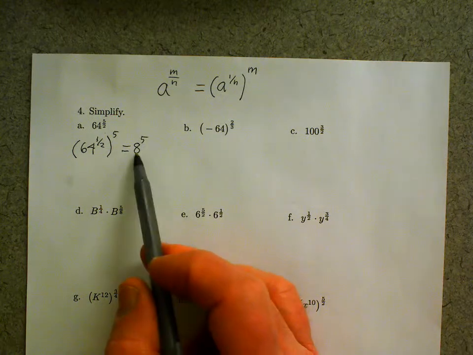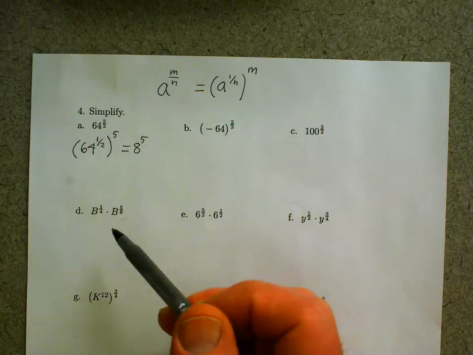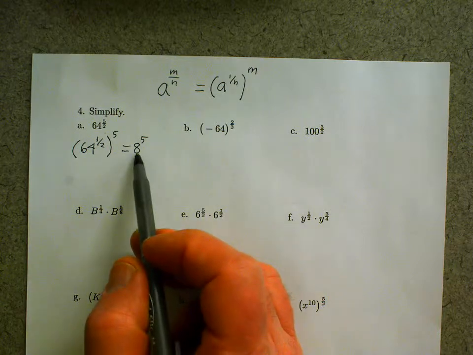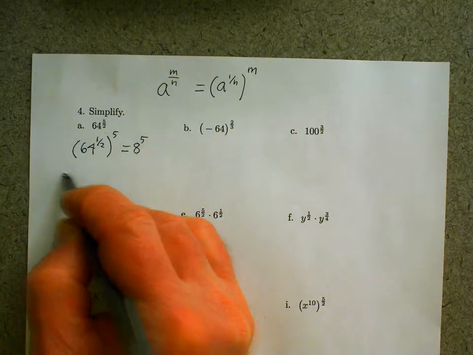So you can use a calculator to determine what 8 to the 5th is. Or another way to do it, 8 is 2 to the 3rd.